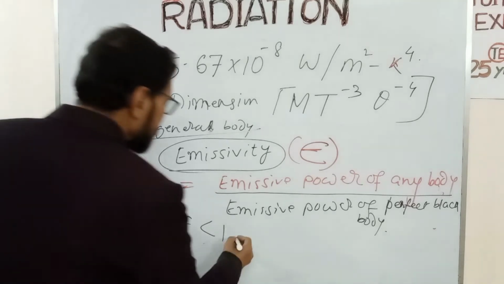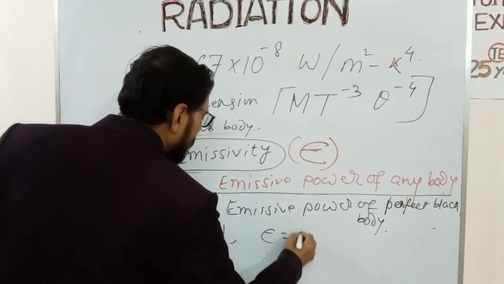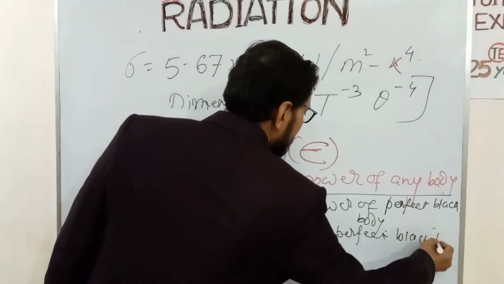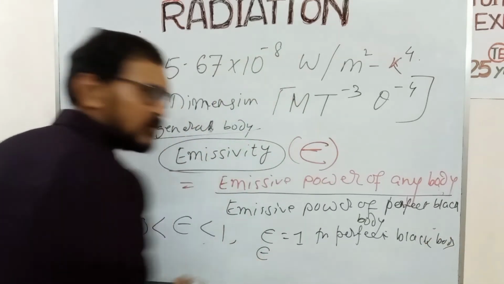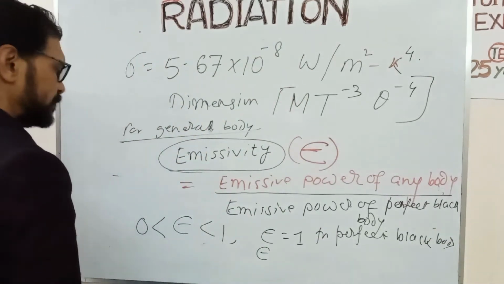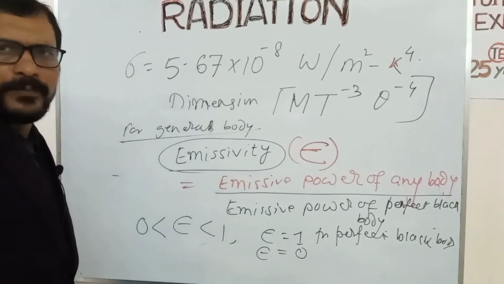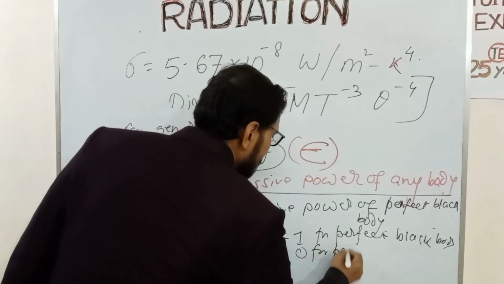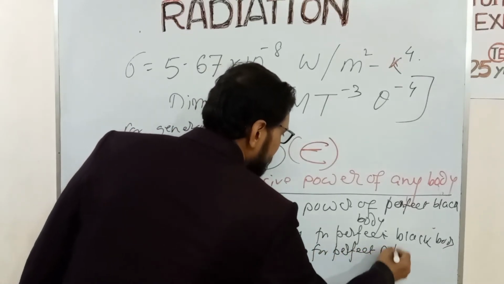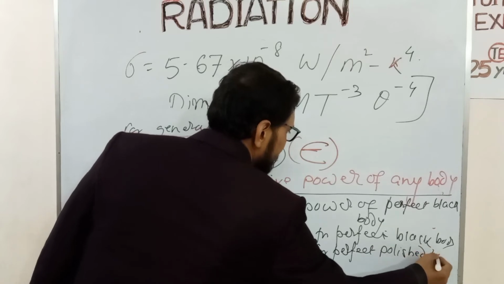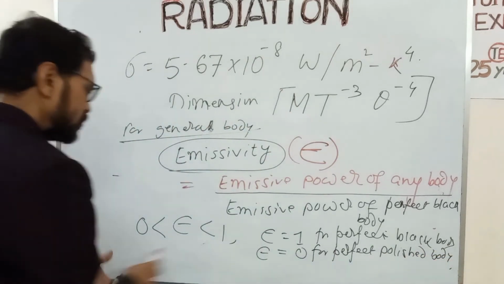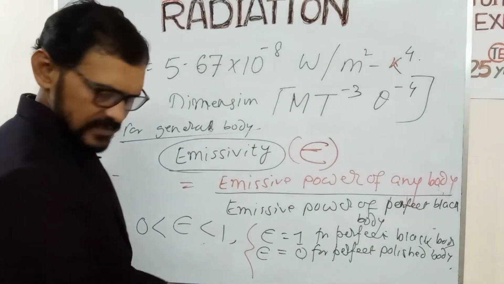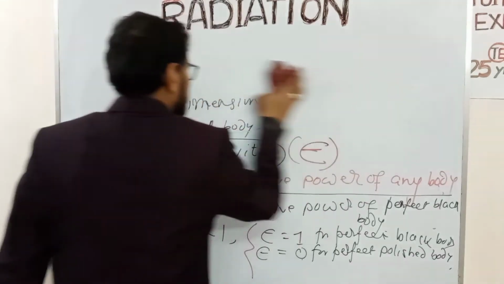For a perfect black body, emissivity equals 1, and for a perfect polished body, emissivity equals 0. Okay, emissivity equals 1 for a perfect black body, and equals 0 for a perfect polished body.